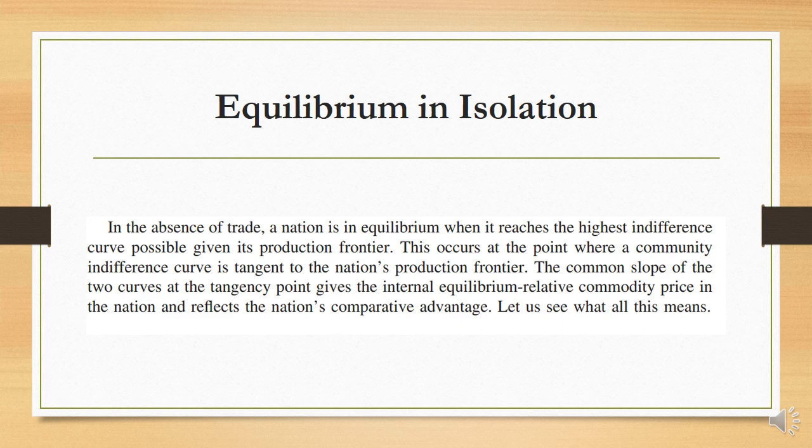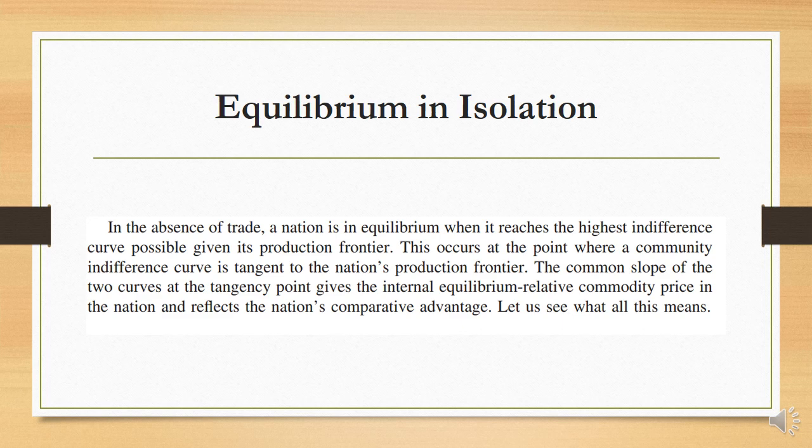In the absence of trade, a nation is in equilibrium when it reaches the highest indifference curve possible given its production frontier. This occurs at the point where the community indifference curve is tangent to the nation's production frontier. The common slope of the two curves at the tangency point gives the internal equilibrium relative commodity price in the nation and reflects the nation's comparative advantage.